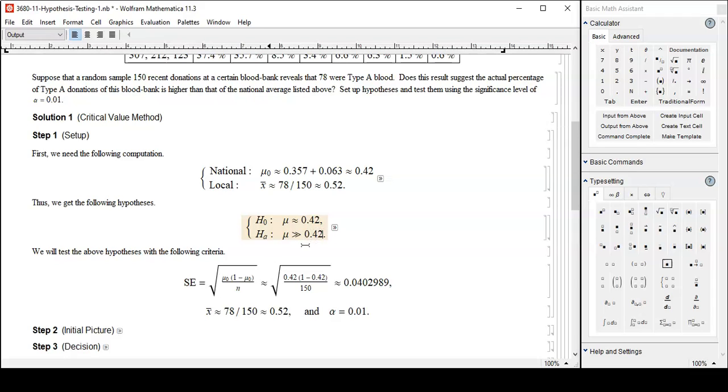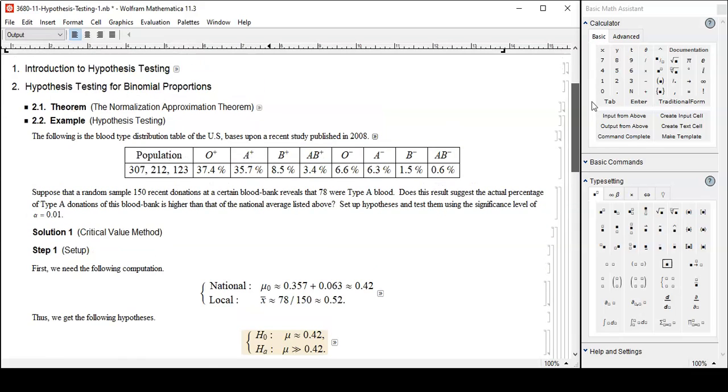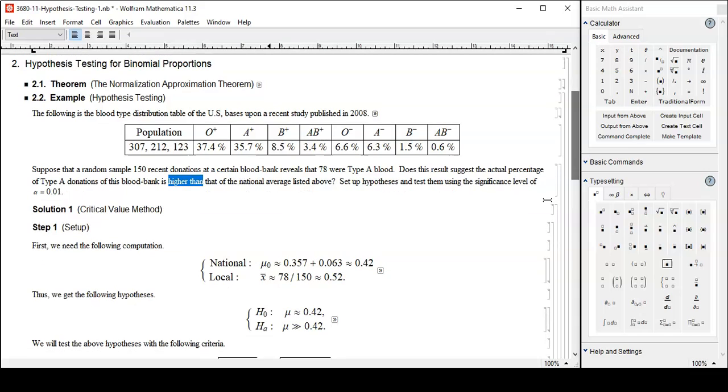And down here, we use the same number, mu 0, and the problem said higher than, so H is mu greater than 0.42. Another is, of course, the sample study. We got proportion of 0.52, 52%, which is greater than 42%. So that's another reason why you can do mu greater than 0.42 for alternative hypothesis.